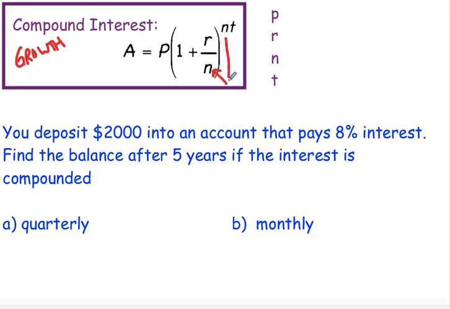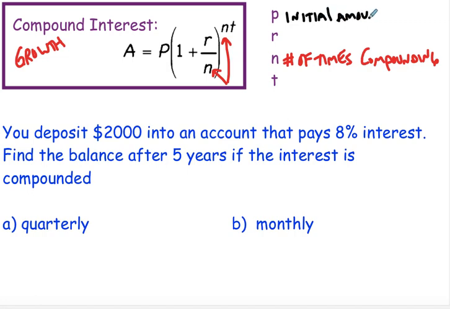N, right there and right there, that represents the number of times that you are compounding, putting on interest. P still stands for initial amount. The correct word for it is principal. R is still the rate, and T is still the time.